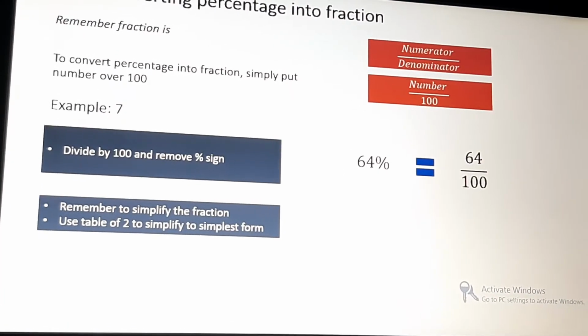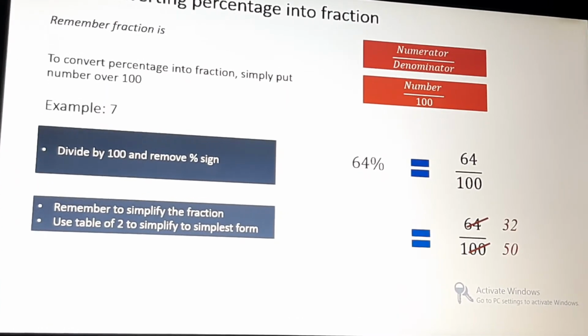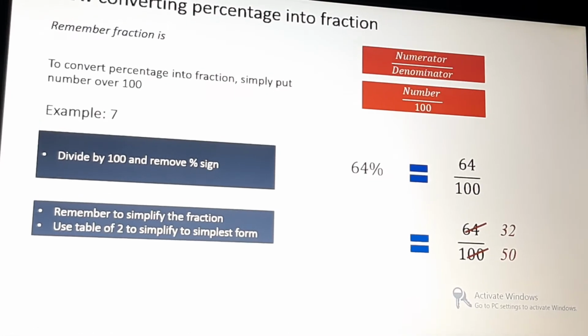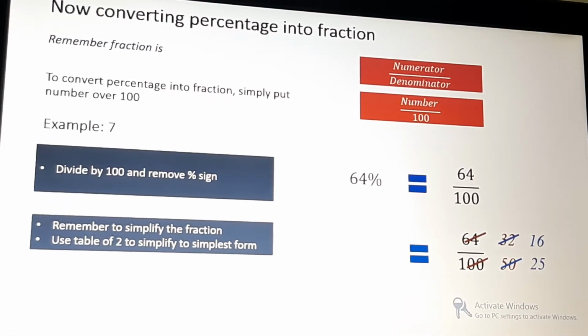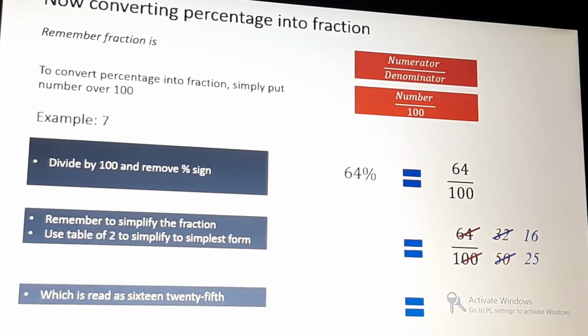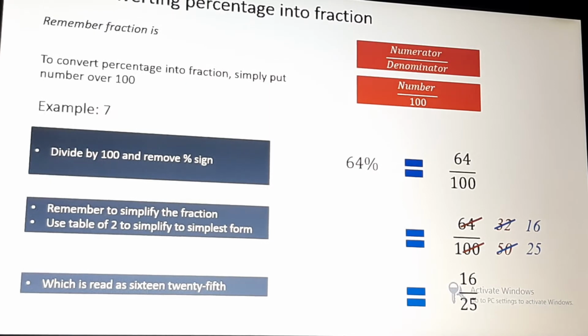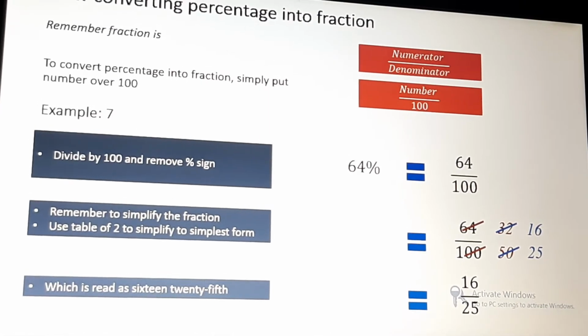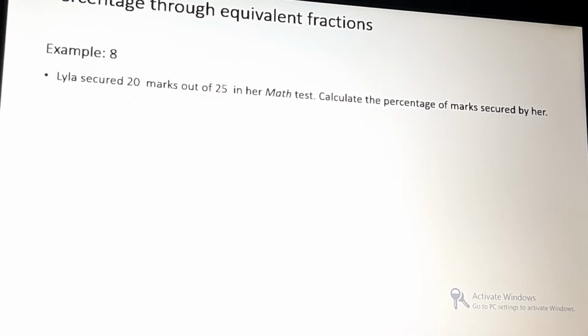Remember to simplify the fraction. Using the table of 2, we get 32/50. Further, we can use the table of 2 to simplify it. It is 16/25. So 64% can be written as 16/25.